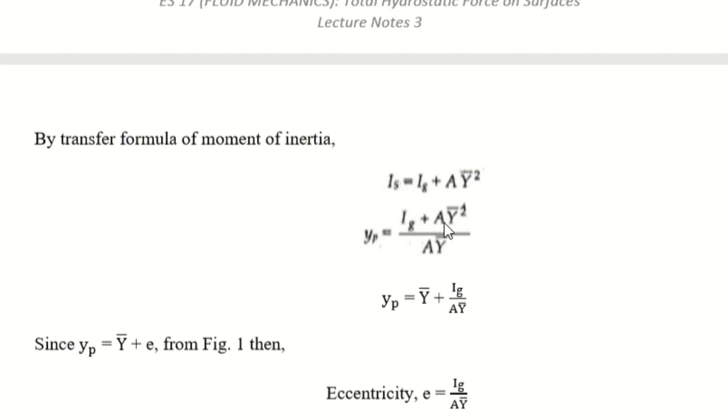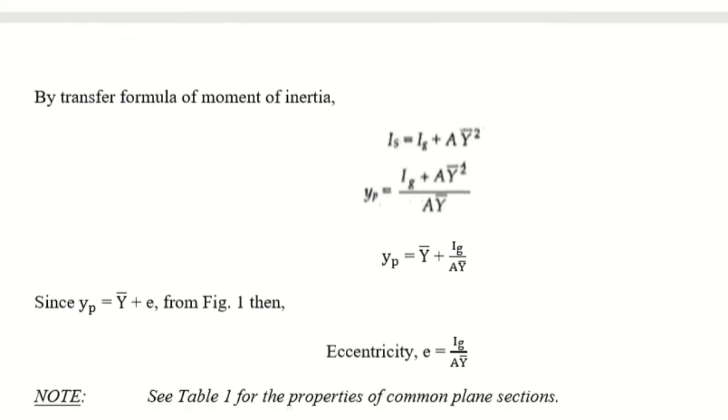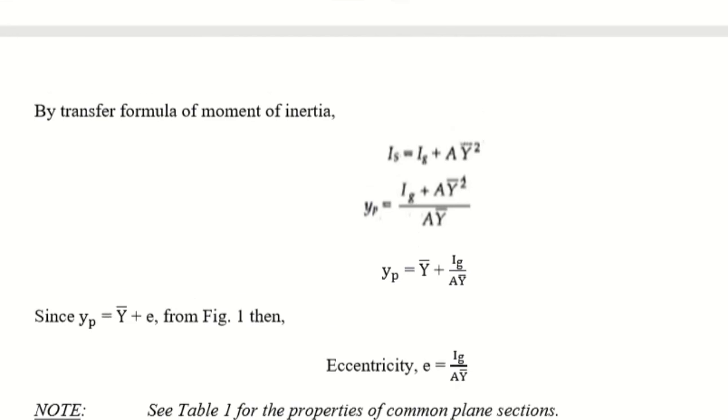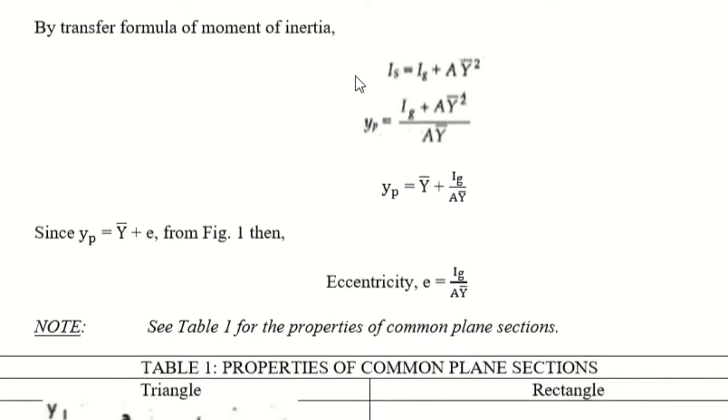The transfer formula of moment of inertia, the moment of inertia, and the likes, okay? So, I'll just be discussing to you some sort of overview regarding moment of inertia.